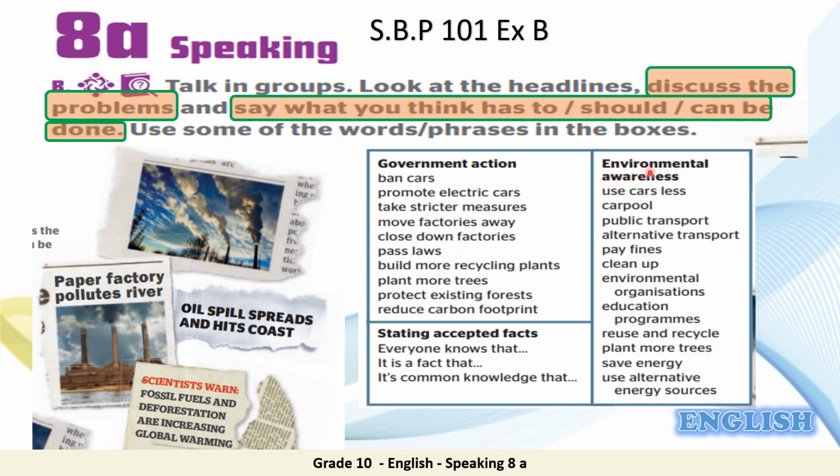Also, we have environmental awareness. What's the role of the people in each country? These phrases help you find solutions. And finally, here we have stating accepted facts. When we talk about accepted facts, what are the expressions we should use?